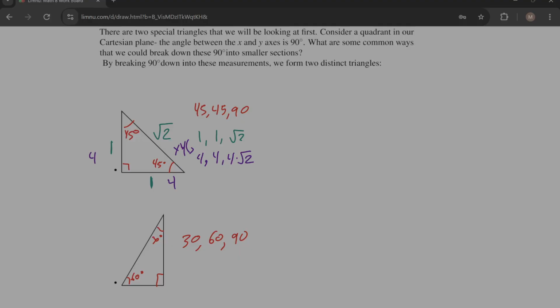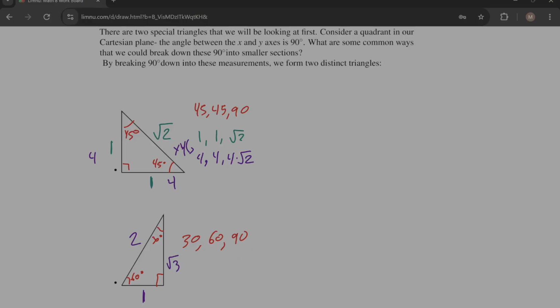Now for this one, I'm going to help you out a little bit as well. I'm going to give you two sides, 1 and 2 for the hypotenuse. What's the missing side here? Pause the video, do the Pythagorean theorem, and find out. Spoilers, it's the square root of 3.